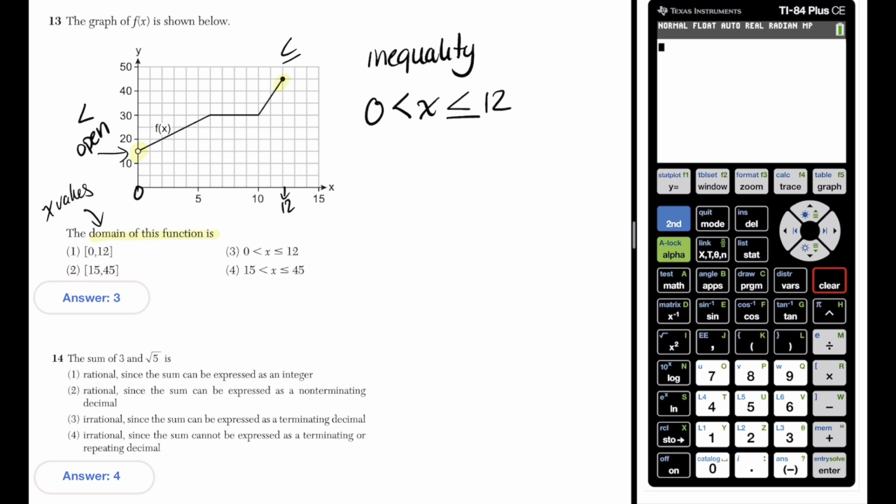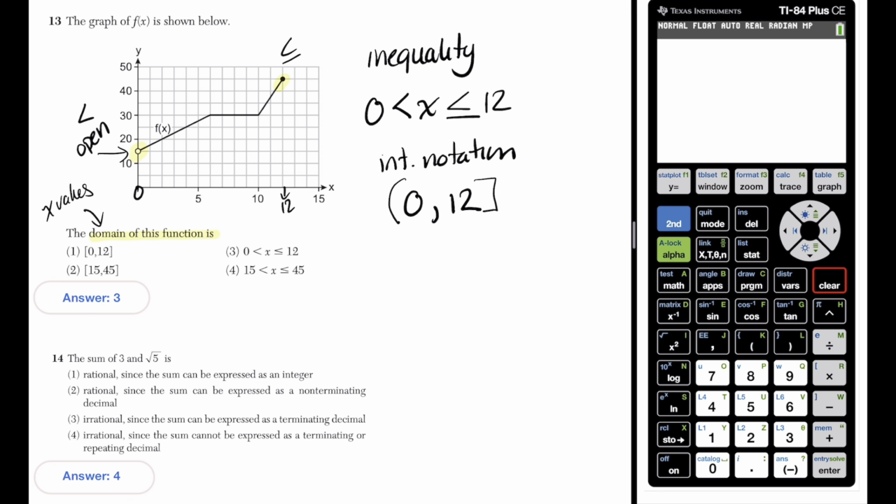But I could also represent this with an interval notation, where I know I'm going from 0 to 12, but I'm not including the 0, so I'm going to have my parentheses like this, but I am closing it. I want to include the 12.